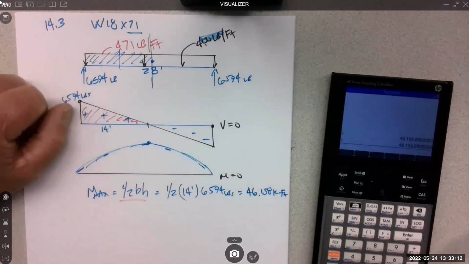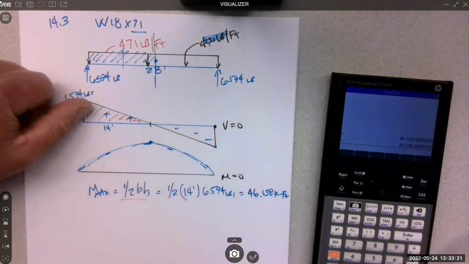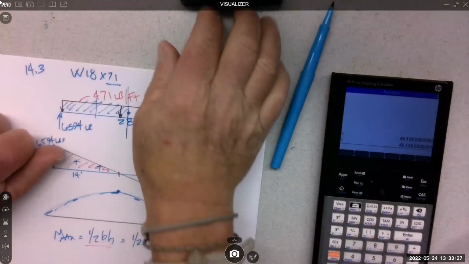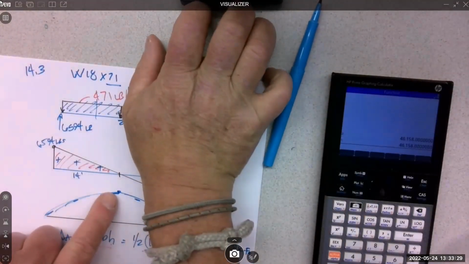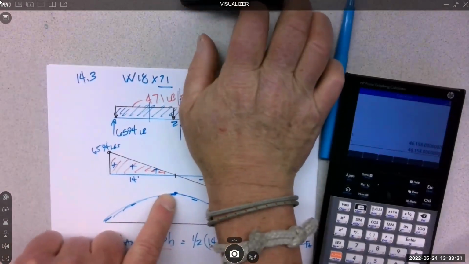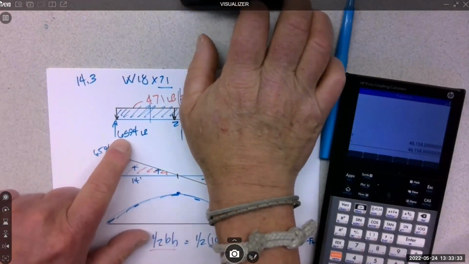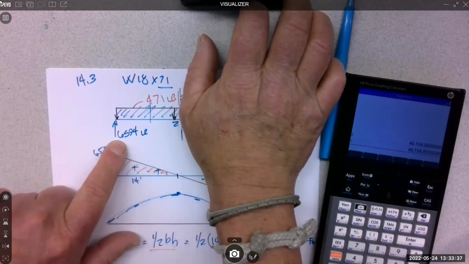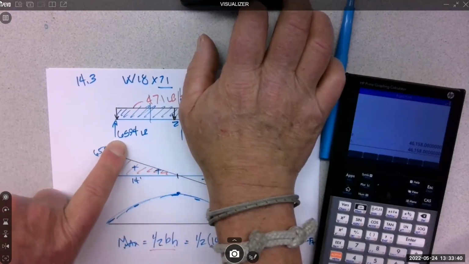Also, I thought you didn't have to use the force if it went directly through the exact spot. So if you're doing it by section method, which is what Brian was talking about, section the beam at the halfway point to get that moment. No, because you got to take the 6,594 times 14 away from it, because that's there too.